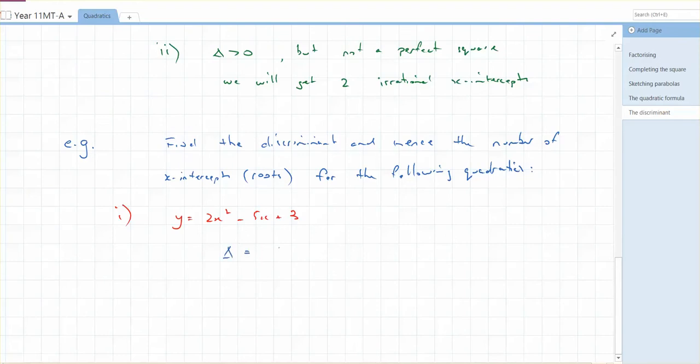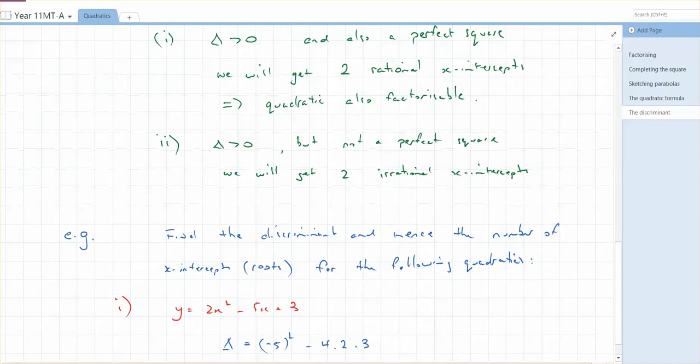That's the symbol for the discriminant, b squared minus 4 times 2 times 3. Now those little dots there, I'm using those instead of multiplication signs. Minus 5 to the power of 2, that's 25. Minus 4, 2 is 8, 3 is 24. So 25 minus 24, it's 1. The discriminant is equal to 1.